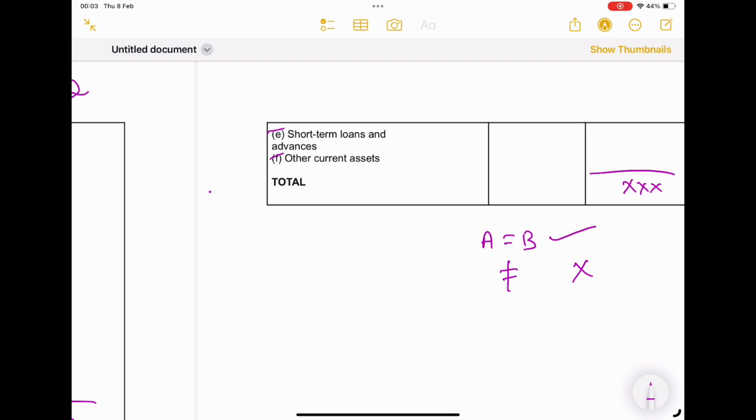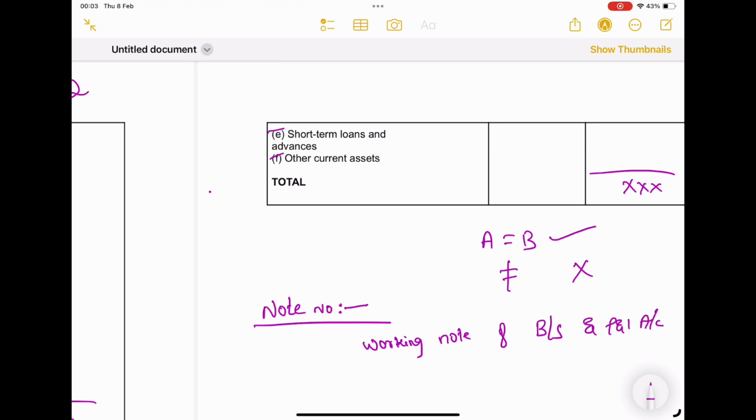Next, I told you we'll talk about note numbers. These note numbers represent the working notes of balance sheet and P&L account items.